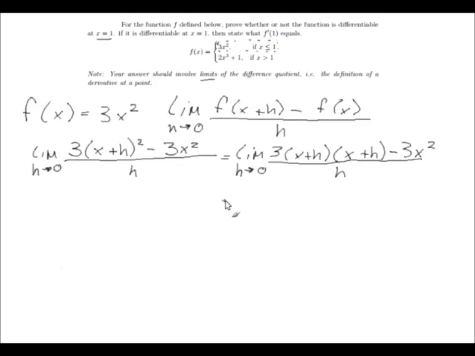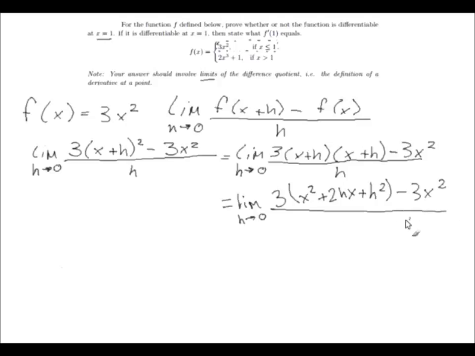Now we are going to have this equal the limit as h approaches 0 of 3 times (x squared plus 2hx plus h squared) minus 3x squared, all over h.